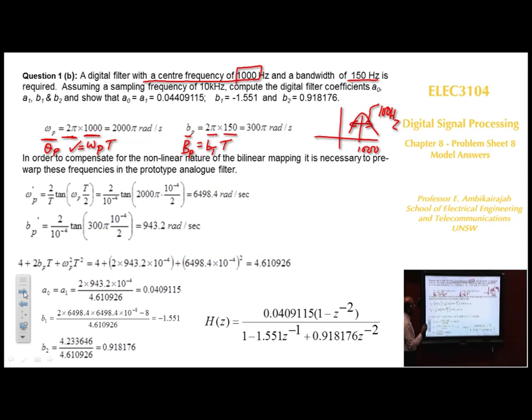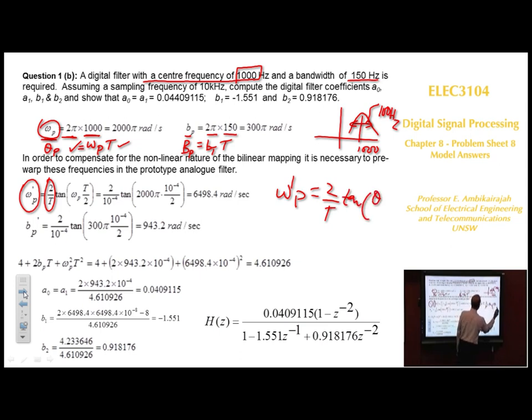We could do that first, but the other way of doing it is to find the analog warped frequency. Now this is the theta part. So we say the warped frequency is going to be omega p equal to 2 over T tan(theta p over 2).